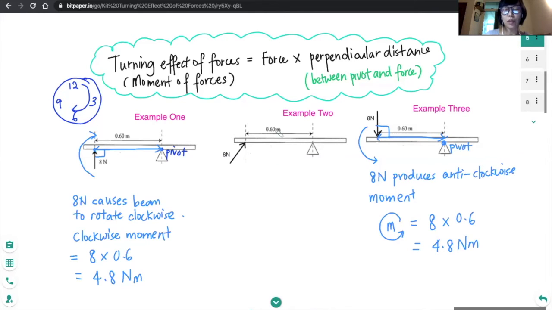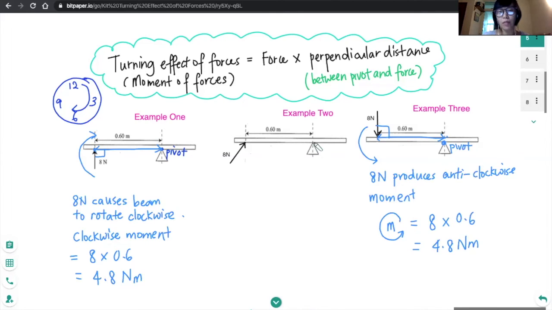Now let's look at the third case, which is example 2. In example 2, I didn't give more numerical values because I just want to compare. So what happens if your 8 Newton isn't even vertical in the first place? But not to worry. Just have an idea first: what's the direction of the moment you will produce?